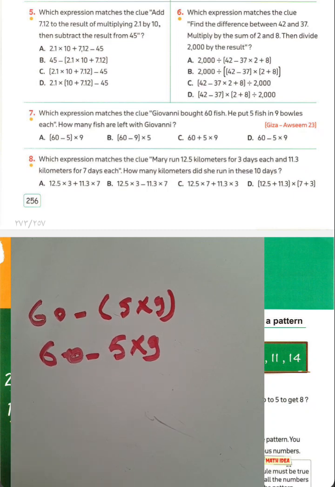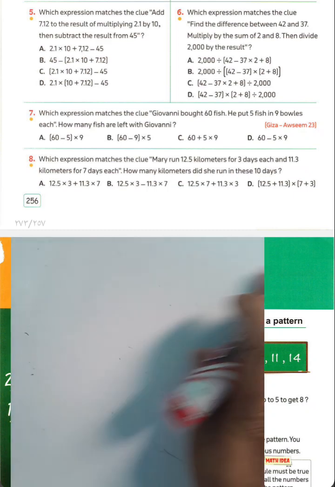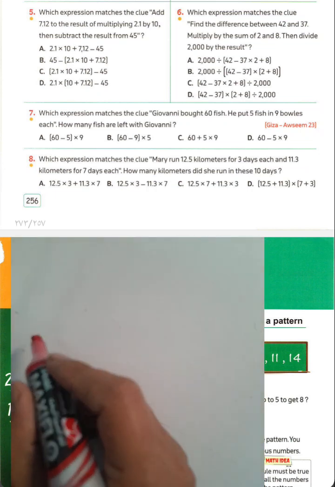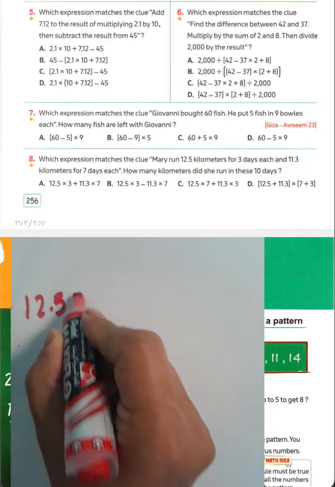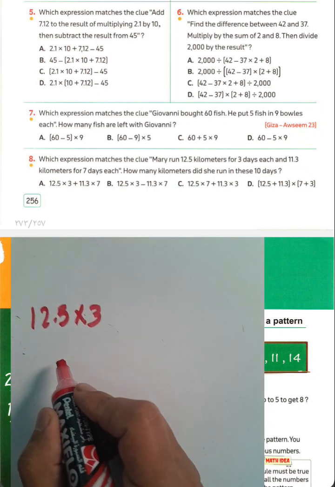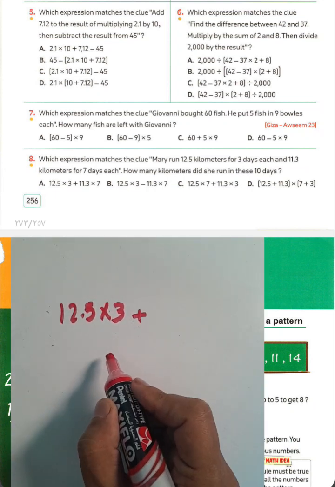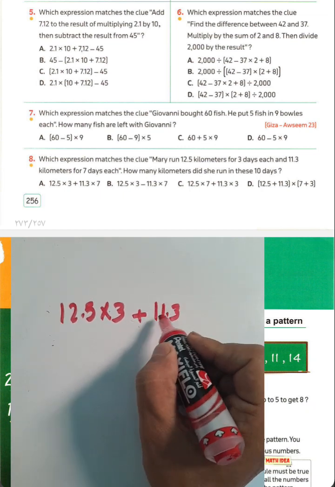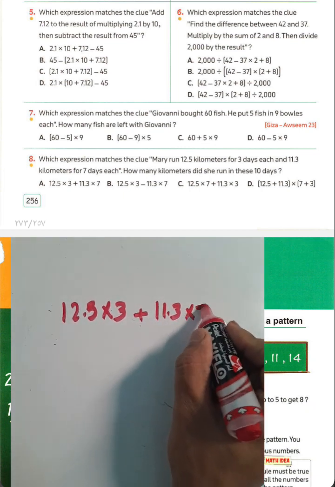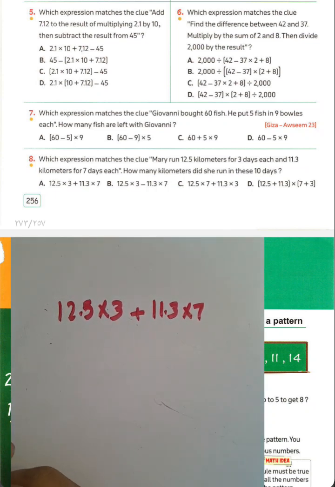Okay, we can write: Mary ran 12.5 for 3 days, and it will be plus 11.3 kilometers for 7 days. How many kilometers did she run in these 10 days? You must choose letter E.